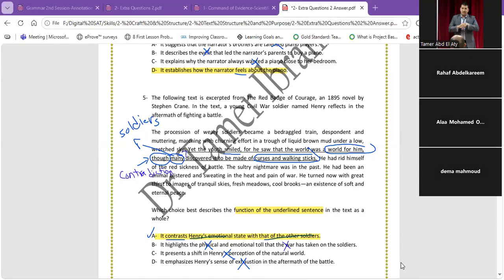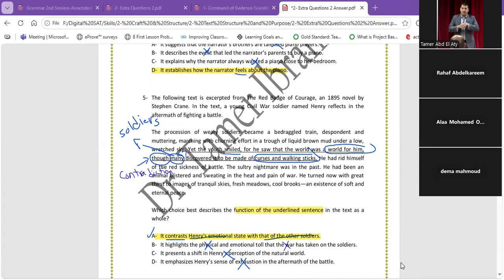Okay, let's go. The procession of weary soldiers became a bedraggled train, despondent and marching with churning effort in a trough of liquid brown mud under a low, wretched sky. Yet the youth smiled, for he saw that the world was a world for him, though many discovered it to be made of curses and walking sticks. He had rid himself of the red sickness of battle.